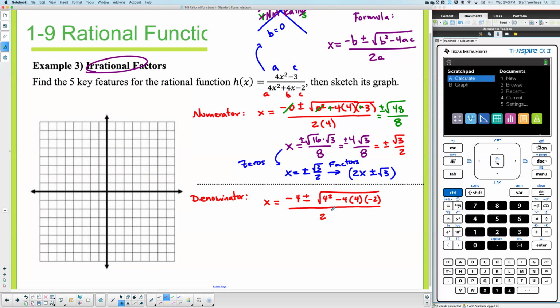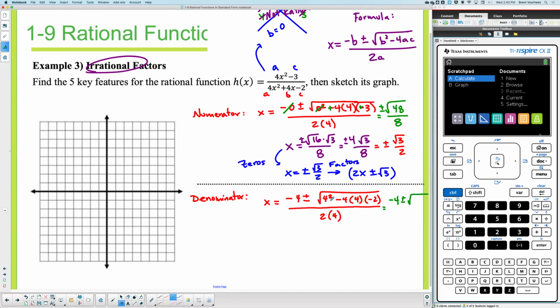What's my a? 4. All right, we go to simplify this. It'll be -4. Whoops. -4 plus or minus square root.